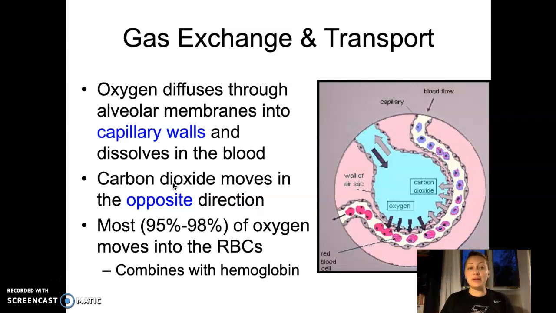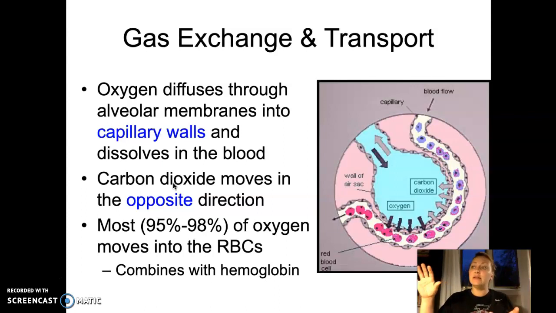Same thing with the carbon dioxide. Those tissues that have been doing their work use up the oxygen that they have and they produce carbon dioxide. And so then there's a bunch of carbon dioxide on them and not on the blood cells that are floating around your arteries and into your capillaries.